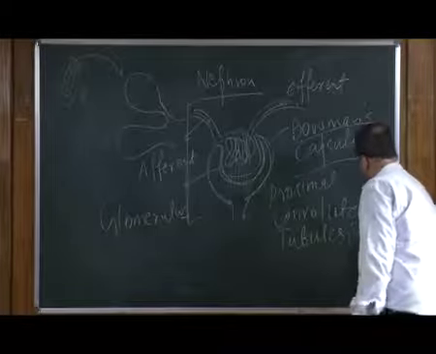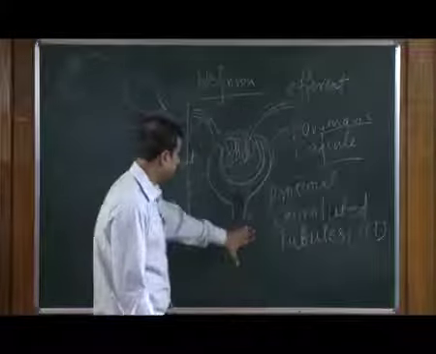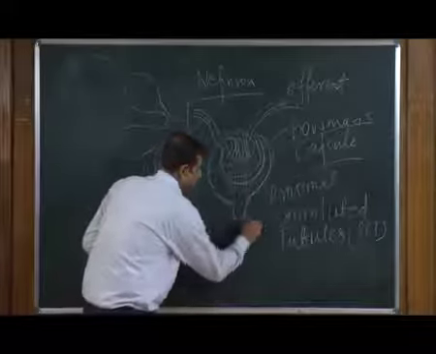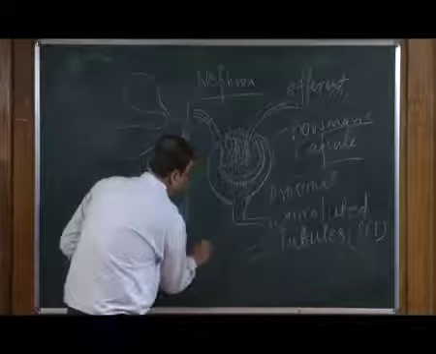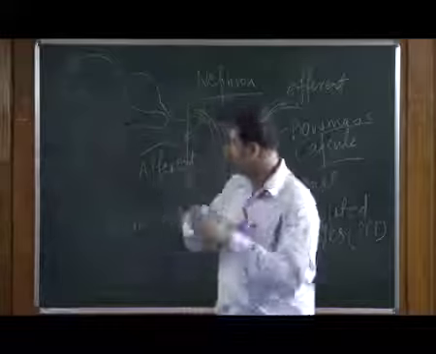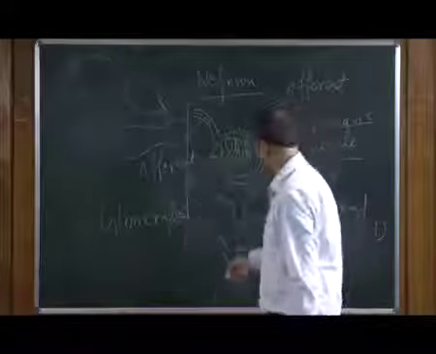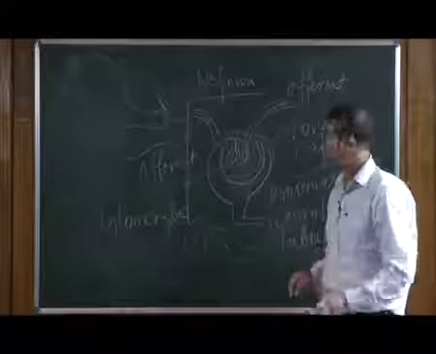In short, we simply say PCT. These are collecting all the urine here. There is a lot of convolution, with many circular waves, and because of this these are called proximal convoluted tubules, PCT.